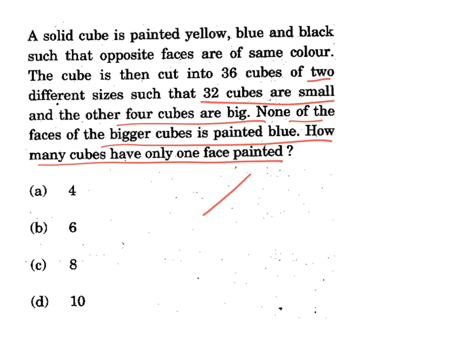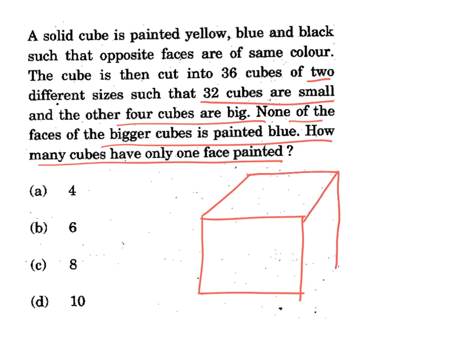First, draw the cube. So, like this I am drawing. 32 smaller cubes means 16 on each side I am drawing.